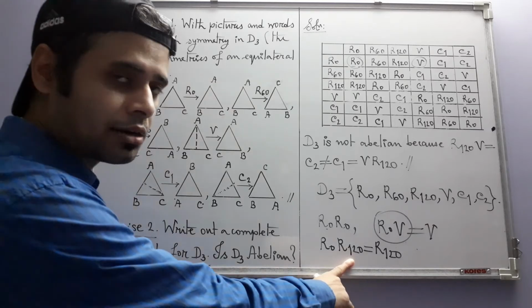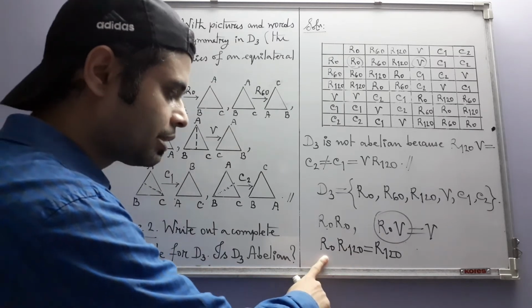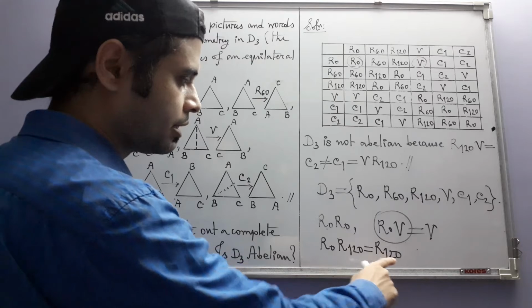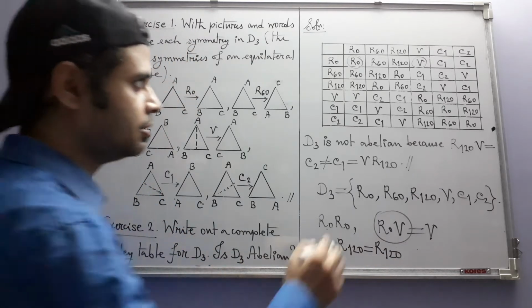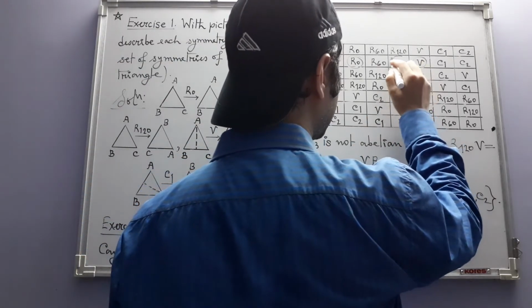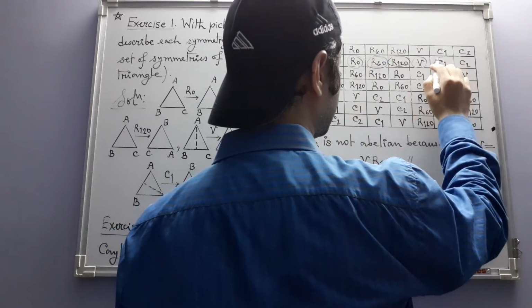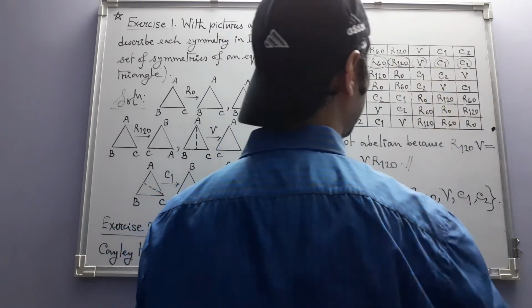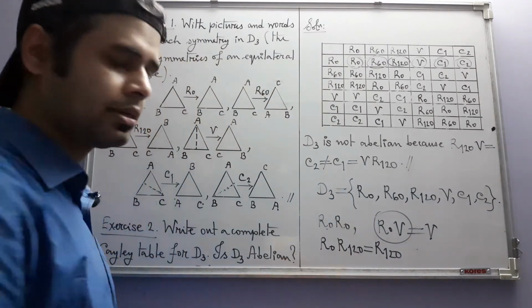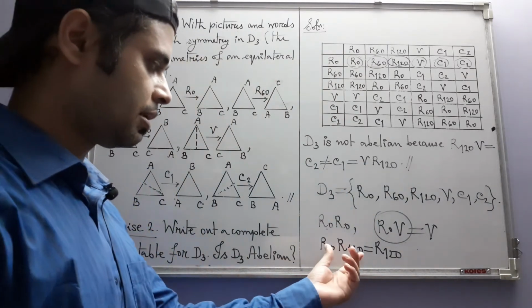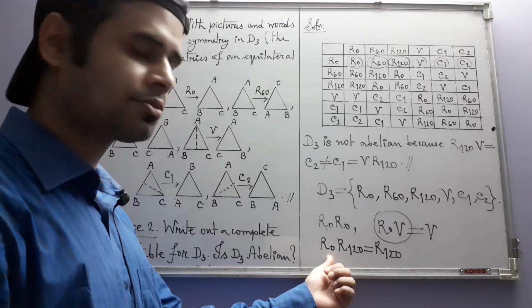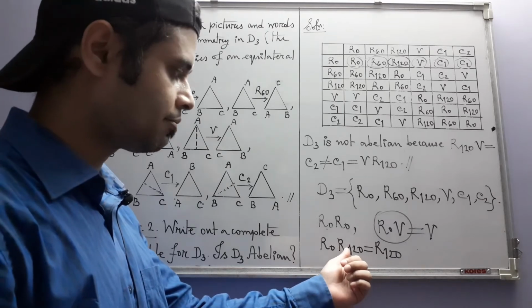You perform R120 first and then R naught, which does nothing, so it's the same as R120. So here you will get the same elements R60, R120. Each one of them has come as a result of a product where the first factor is R naught and the second factor is that thing.